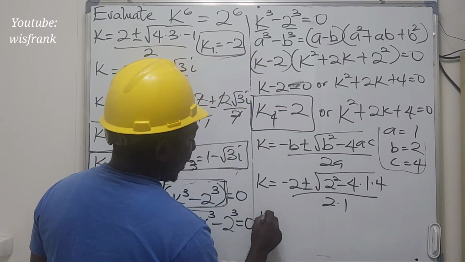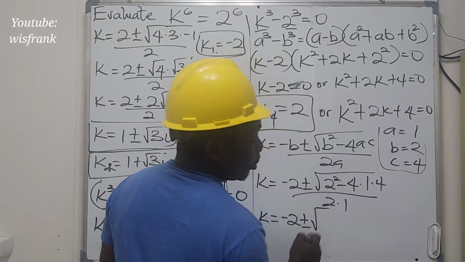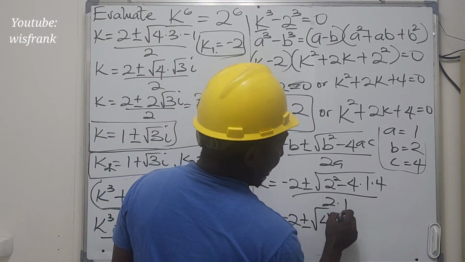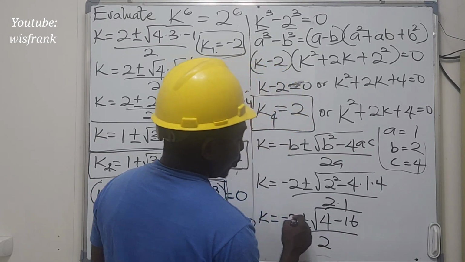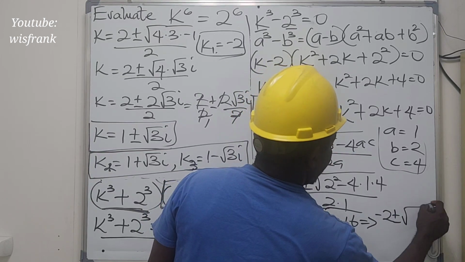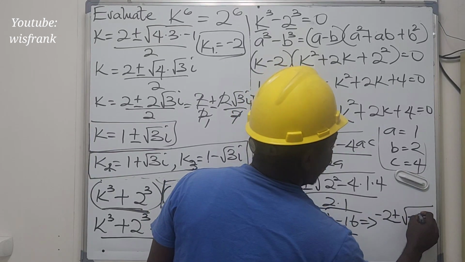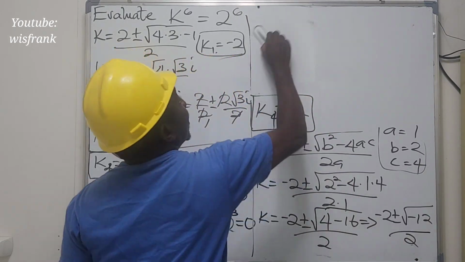So here, k will be equal to minus 2 plus or minus the square root of 2 to the power of 2 is 4, minus 4 times 4 is 16, all over 2. So this is the same thing as minus 2 plus or minus the square root of minus 12, all over 2.